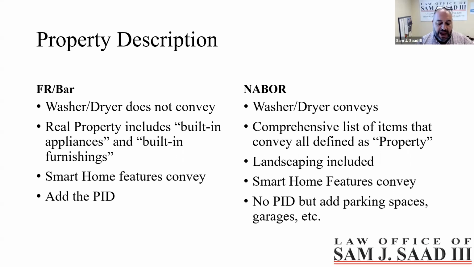Well, right off the bat, the first thing that I always hear about from realtors is, I didn't know the washer and dryer didn't convey, when they're used to the NABOR form and they use the FAR/BAR form, and then they're buying a washer and a dryer for their customer. So be very mindful of the list on the contract that says what conveys.